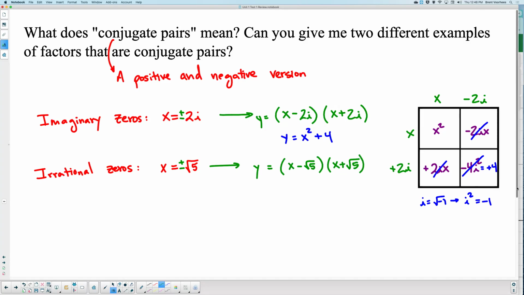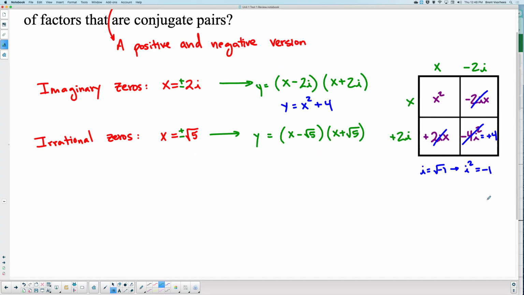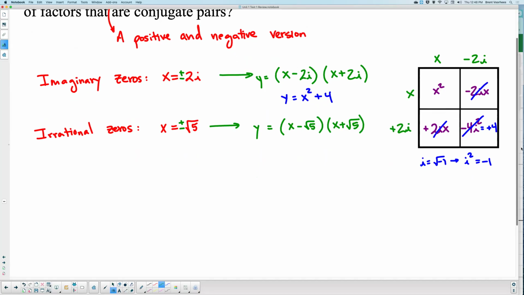We could do box method. But since they're a difference of squares, I'm going to just tell you that these two would cancel out just the same. When you multiply this x times the positive square root of 5 and then the negative square root of 5 times this x, those two would cancel out. So what you would be left with is x times x, which is x squared, and then negative square root of 5 times positive square root of 5. What is negative times a positive?